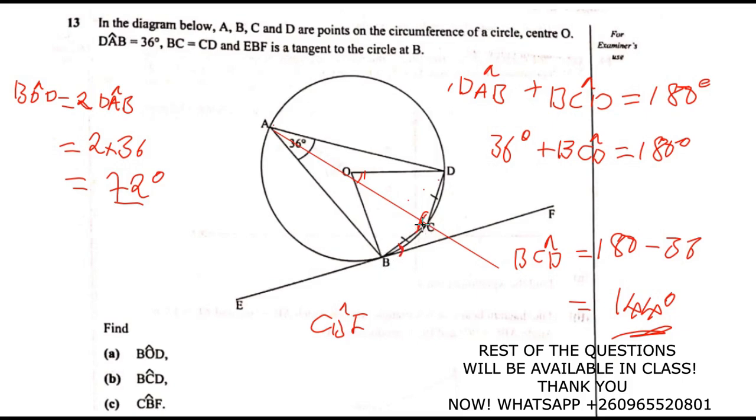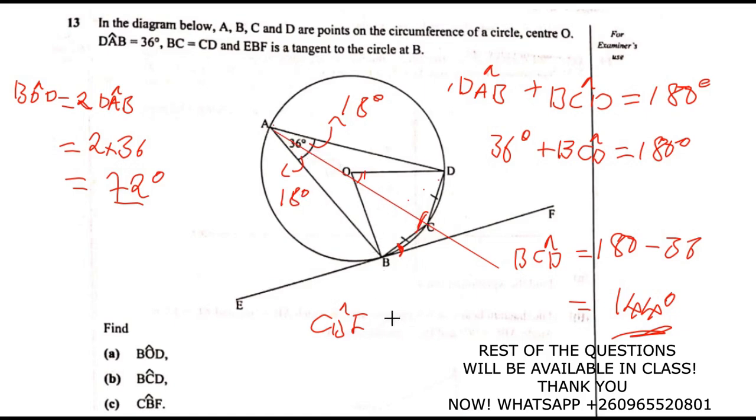Then we have ABC being equal to ADC, which means that the chord BC now subtends an angle there, and this 36 has been divided into two equal parts. So 36 divided by 2, and you get this side being 18 degrees, and the other side also having 18 degrees.